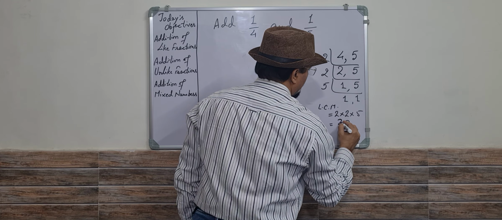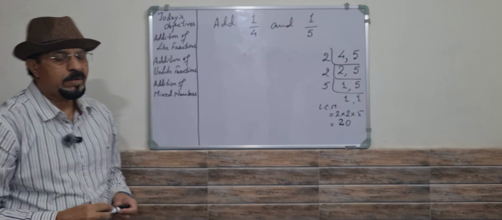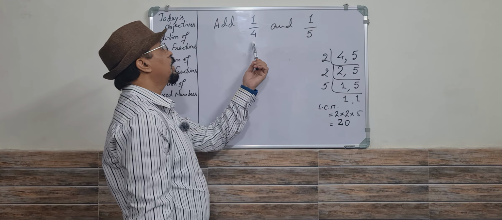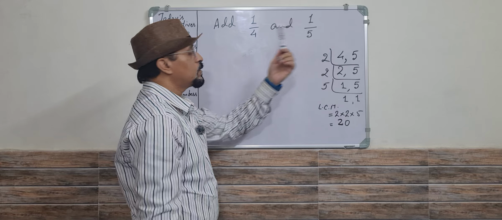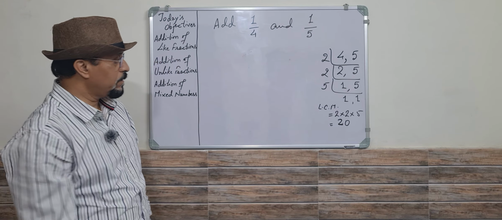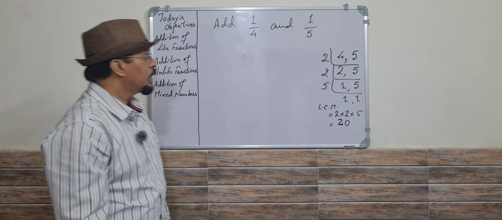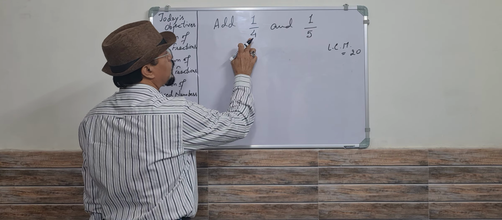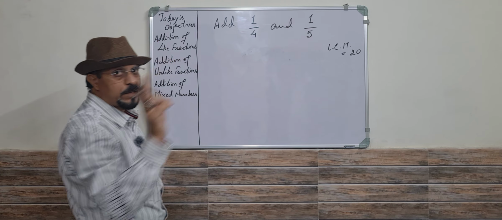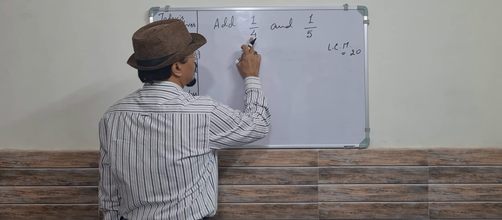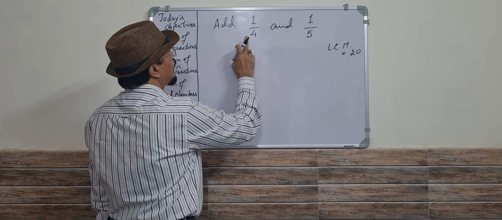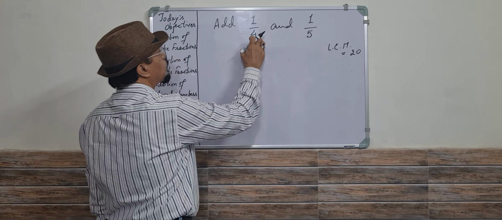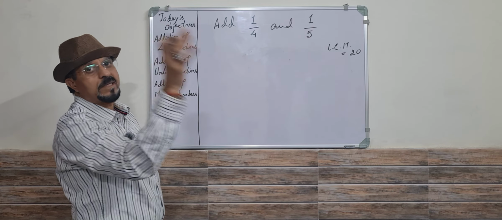20. 2 2s are 4, into 5, 20. So now we need to make the denominators of these two unlike fractions equal to 20, and what we need to do, we know that if I multiply 4 by 5, I'll get 20, but whenever in a fraction I have to multiply the denominator with a number, I have to multiply the numerator also with the same number.